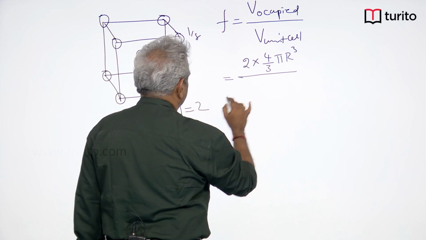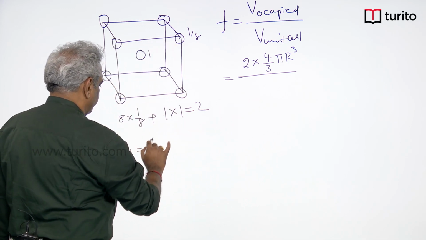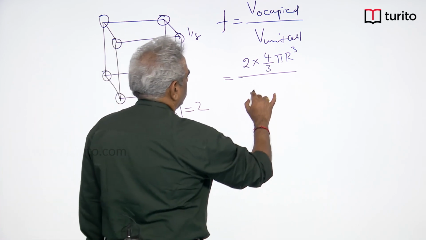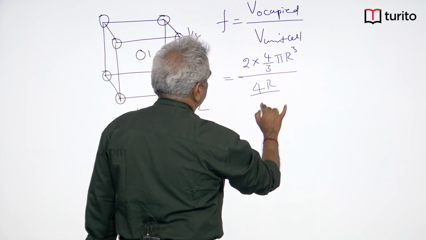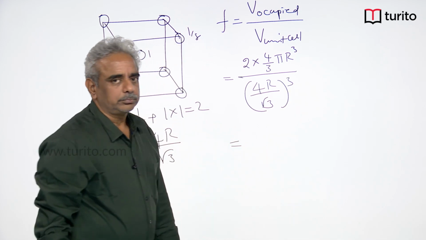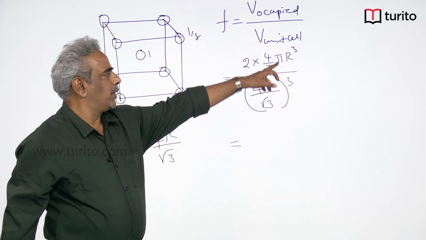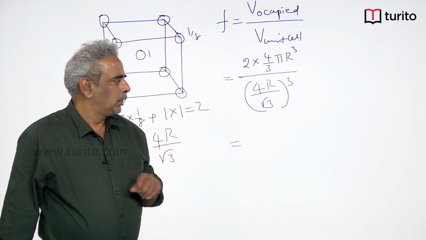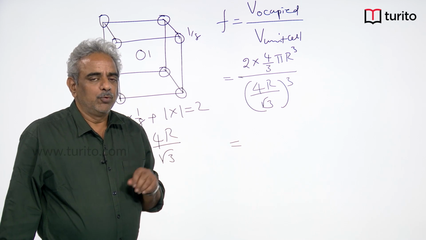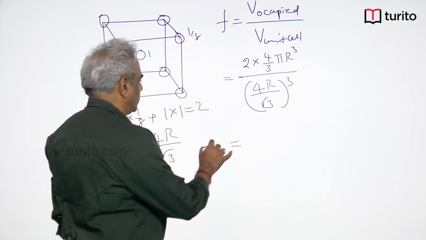A is nothing but, we have already proved, 4r by root 3. So, 4r by root 3 whole cube. R cube and R cube will get cancelled, and if you work out with the numbers present there, we are going to get 0.68.